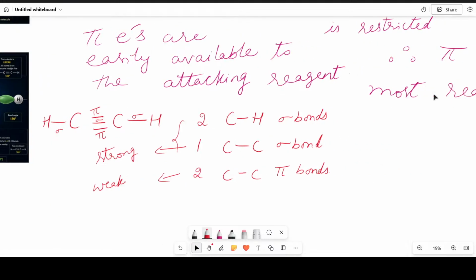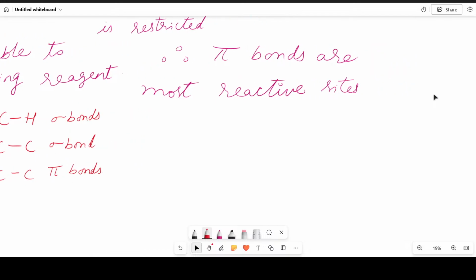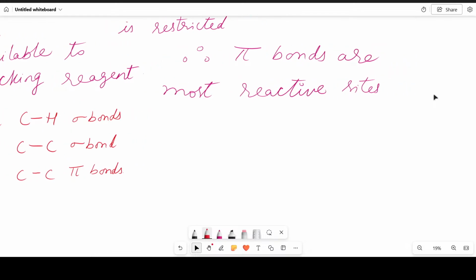Alright. Now there is a question for you. Pause the video. Try to answer. How many sigma and pi bonds are present in each of the following molecules?